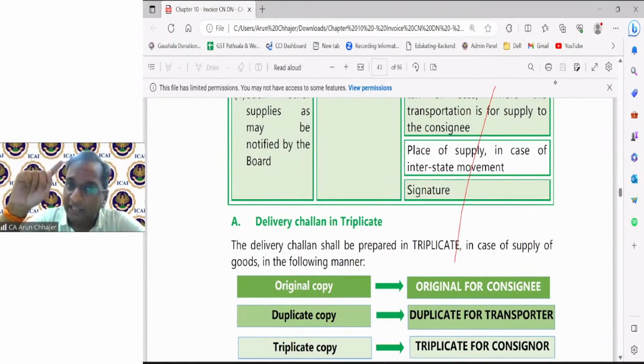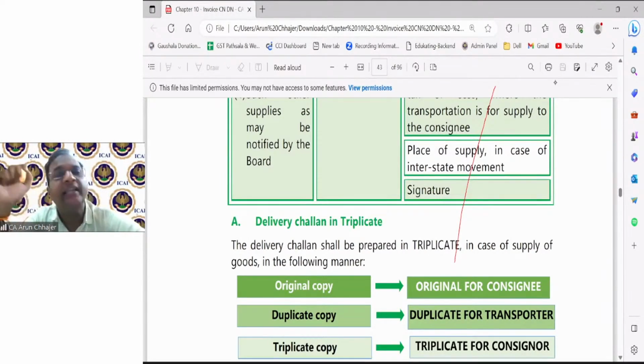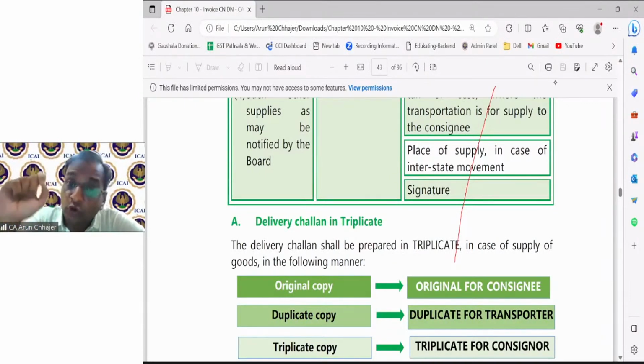Point to be noted: if Mr. A has an aggregate turnover of more than 10 crore, then e-invoicing is applicable. E-invoicing is applicable on three documents: tax invoice, debit note, or credit note. If Mr. A is required to make any other document like receipt voucher, payment voucher, or delivery challan, will that also be through the IRP, the Invoice Registration Portal?